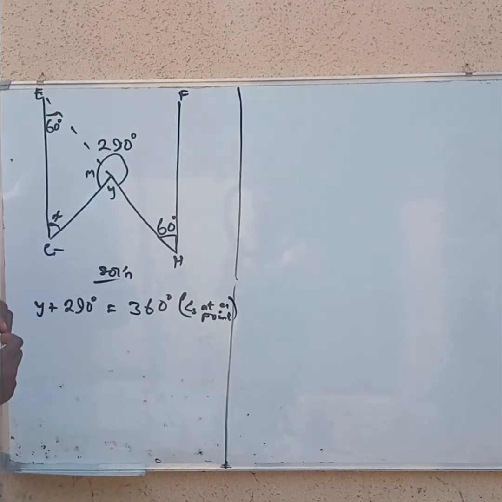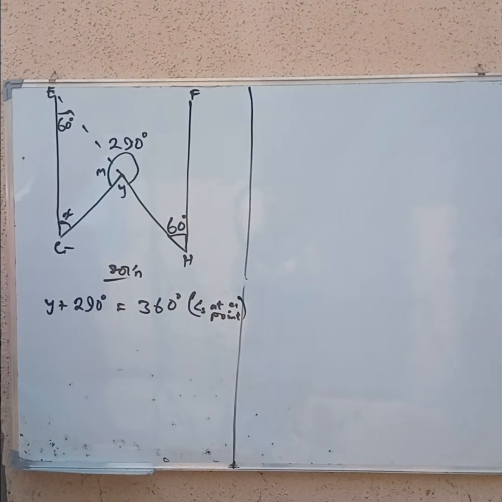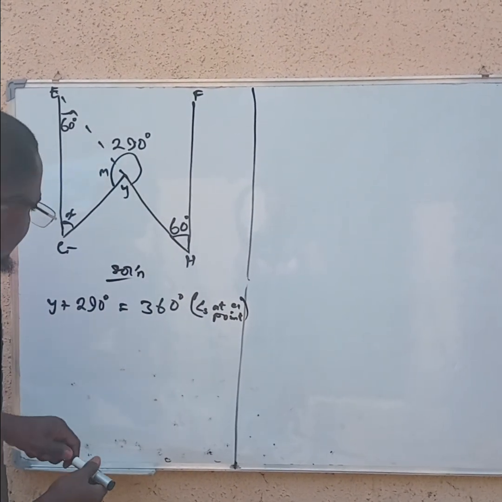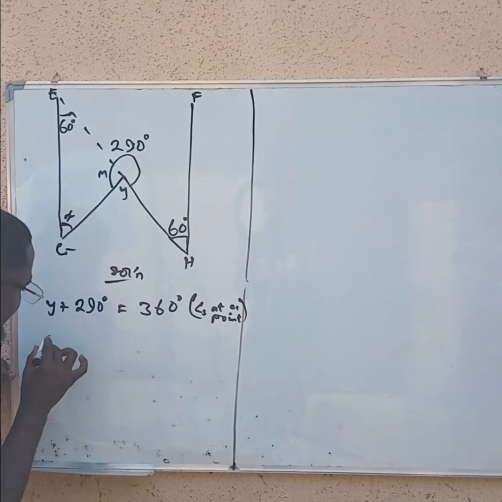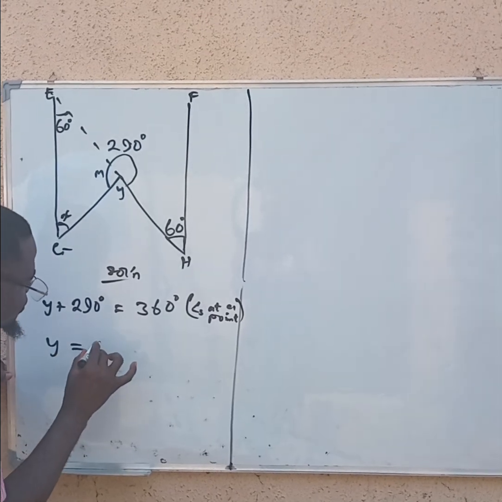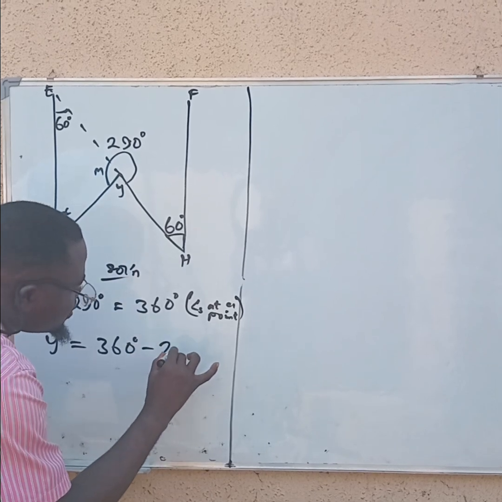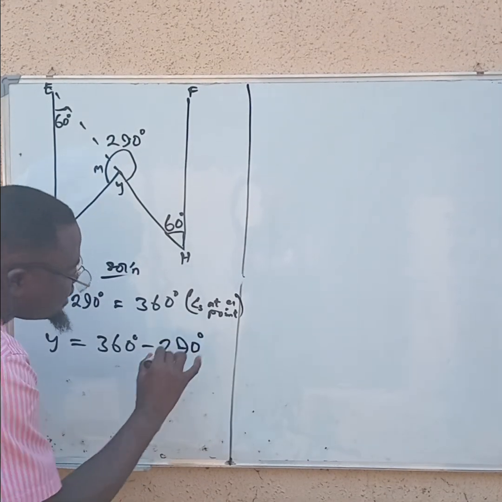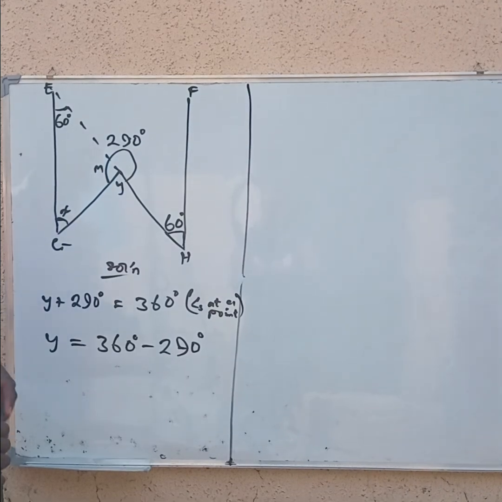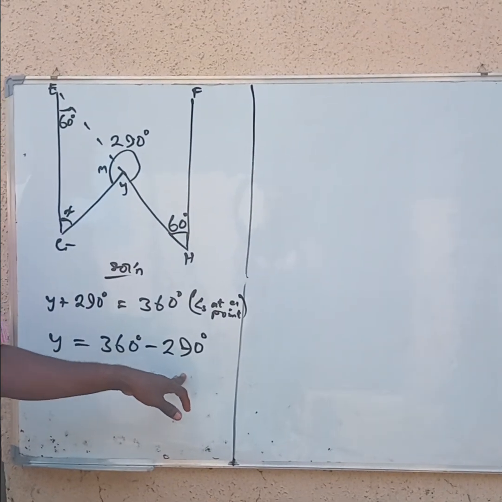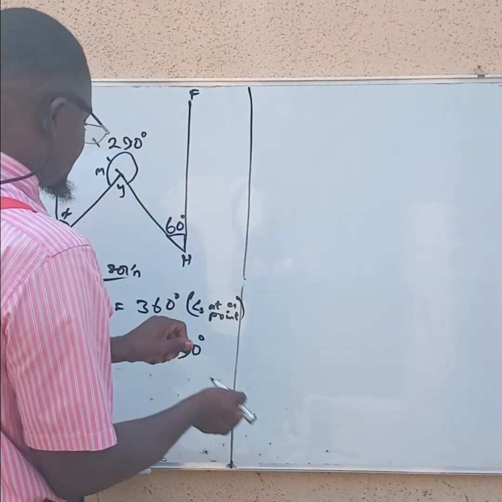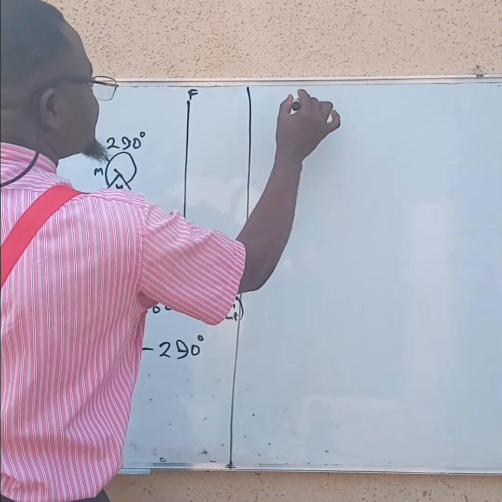Right? Now, having known this, what I'll do is Y equals 360 degrees minus 290 degrees. And if we do this, some of us, what we do is to make sure that we get it right.